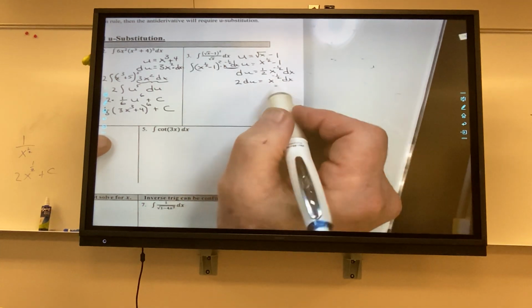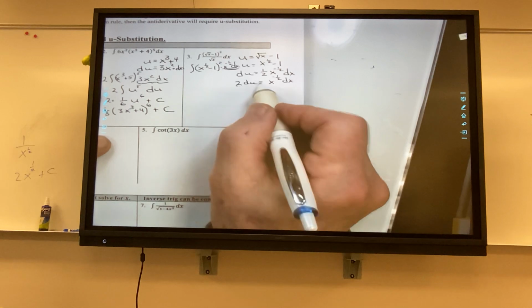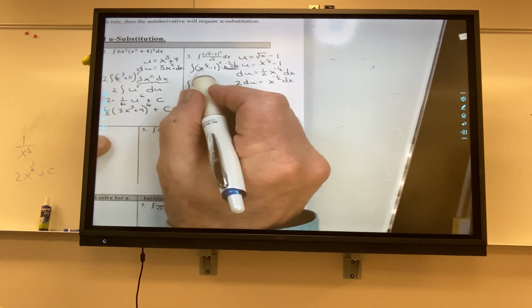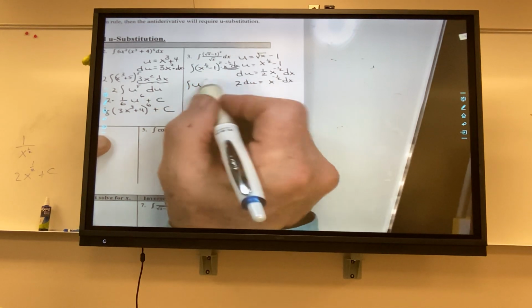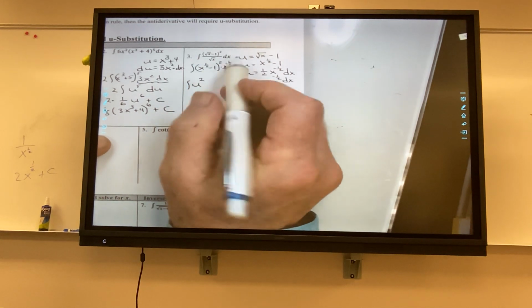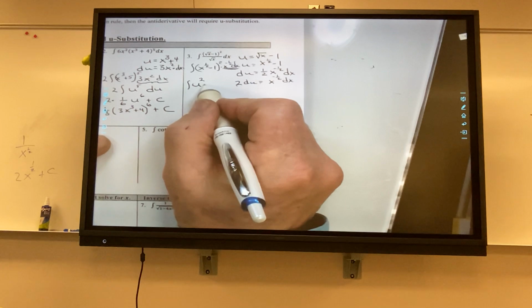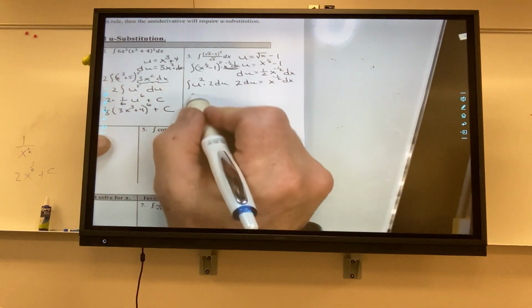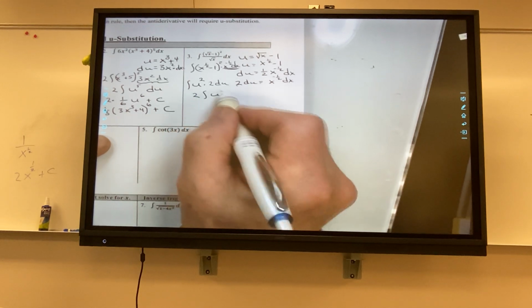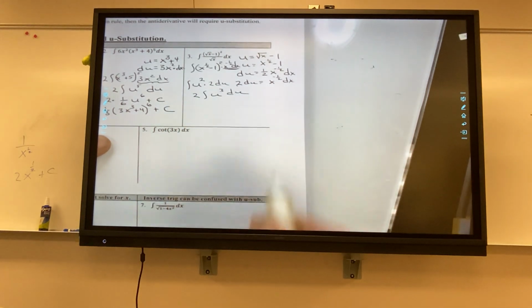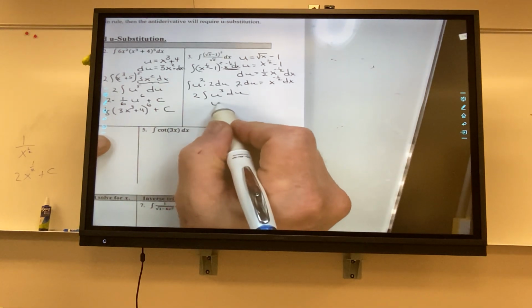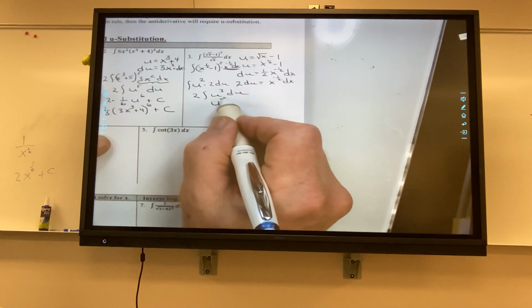So I'm going to get rid of this and write 2 du. So I'm going to have u, that's going to replace x to the 1/2 minus 1, to the second power, because it is to the second power, times 2 du. Well, I can bring that 2 out front, u squared du.